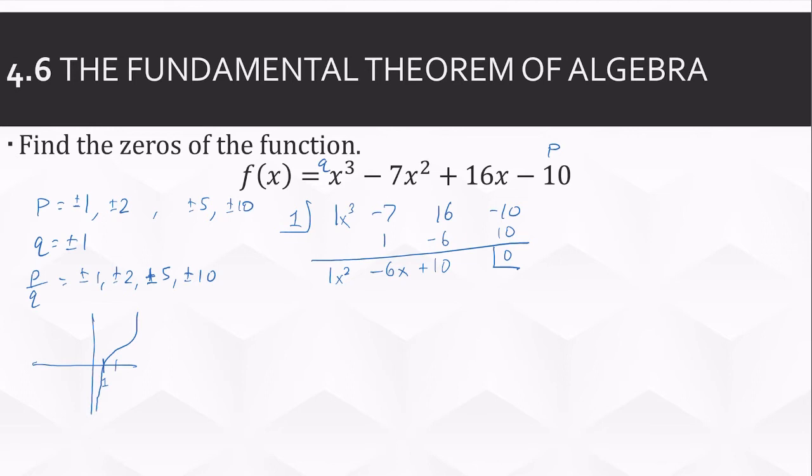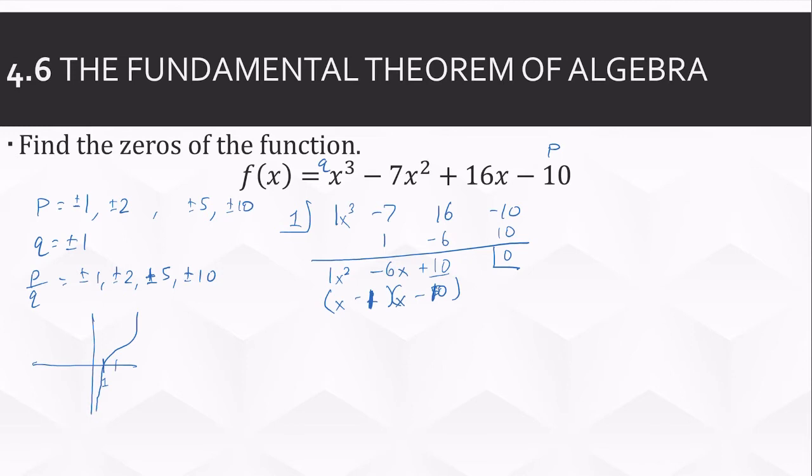Since it's squared, maybe we can factor it. Times what makes 10? I want to multiply to get 10 and add to negative 6. So 2 and 5, no, 2 and 5 doesn't work. That makes 7. How about 1 and 10?